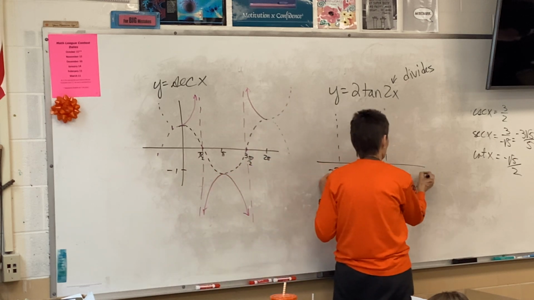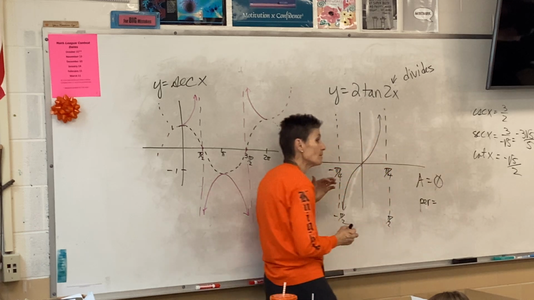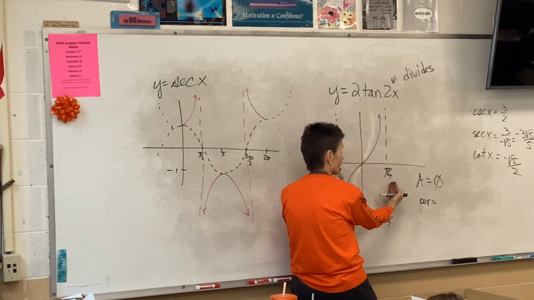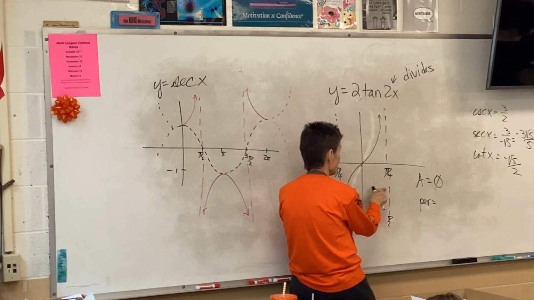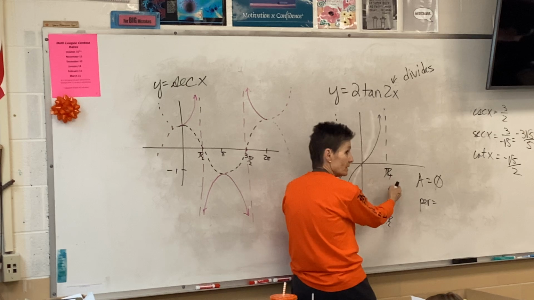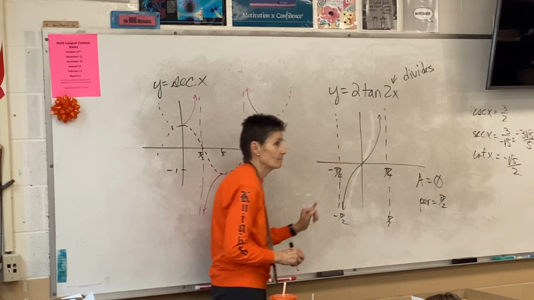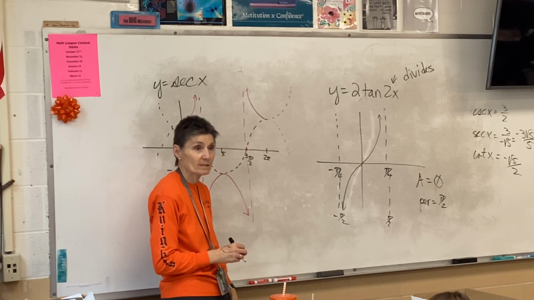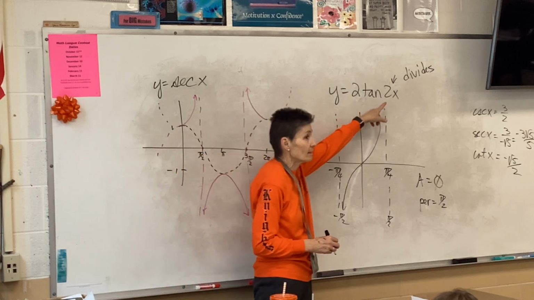So my amplitude is still none. And my period now, how far is it from here to here? This is pi over 4 and this is pi over 4. So wouldn't it be 2/4 or 1/2? Half the normal period's pi, and now it's half of that, because of that right there.